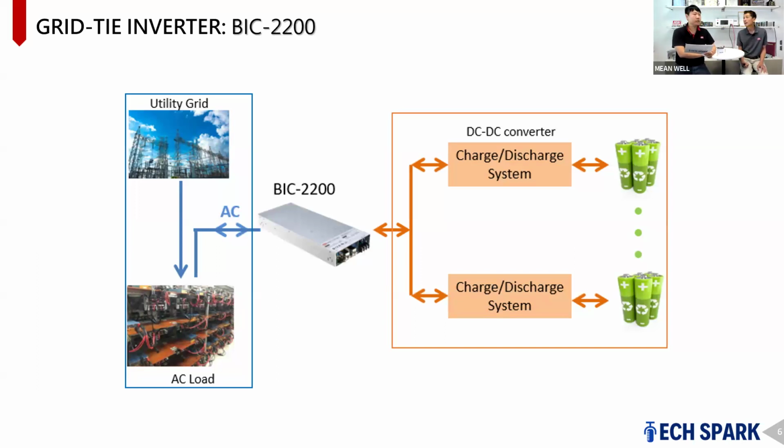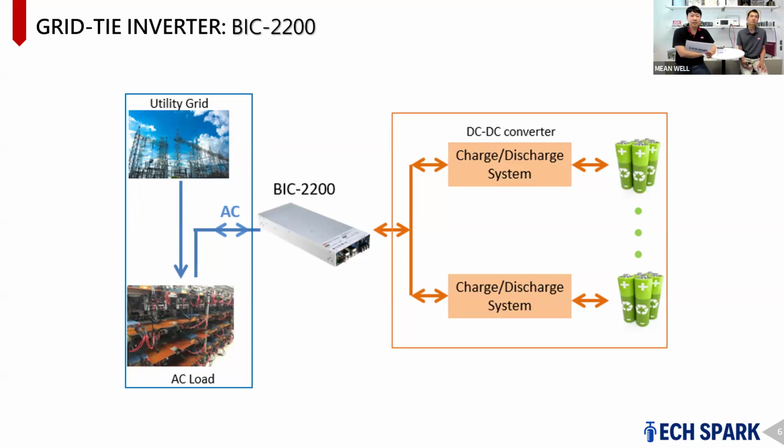I think the R&D calls this feature anti-islanding protection. If there's a fault in the network and the BIC is still outputting voltage, that would be a hazard. That's why it needs to have the AC voltage in order to output the AC power.